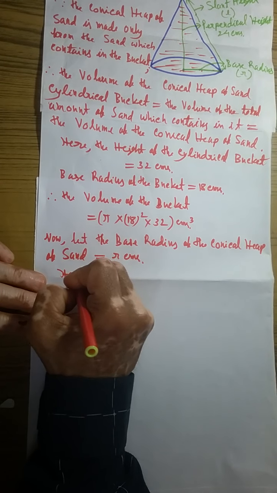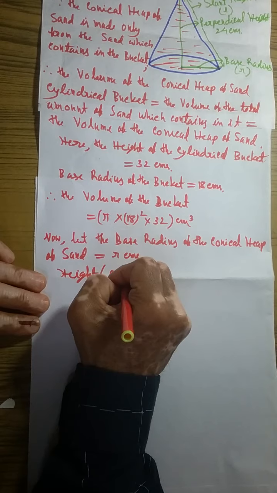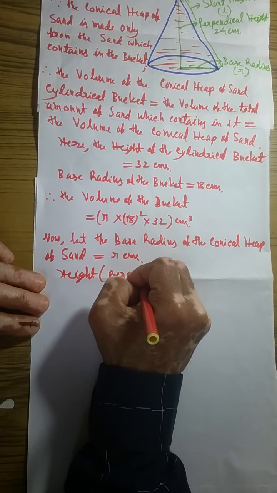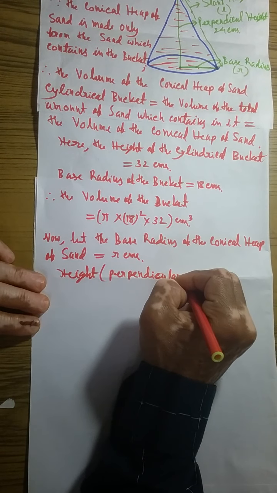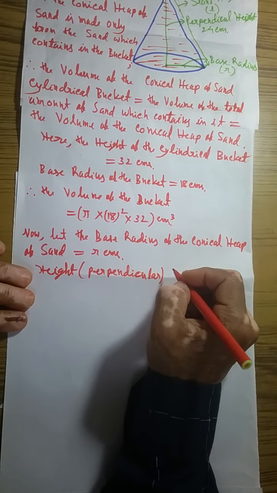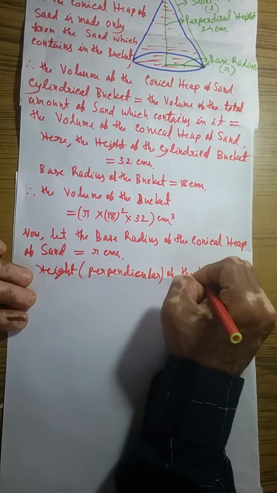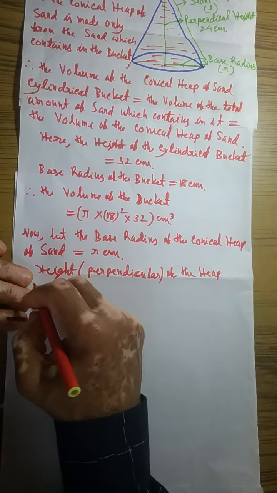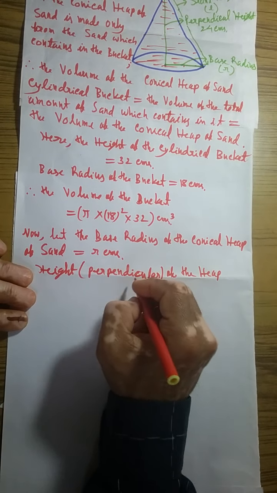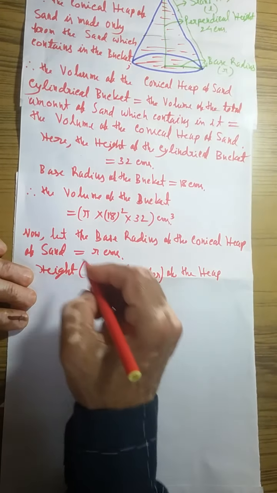Height, within brackets perpendicular. Now the perpendicular height of the heap according to the question is 24 centimeters.